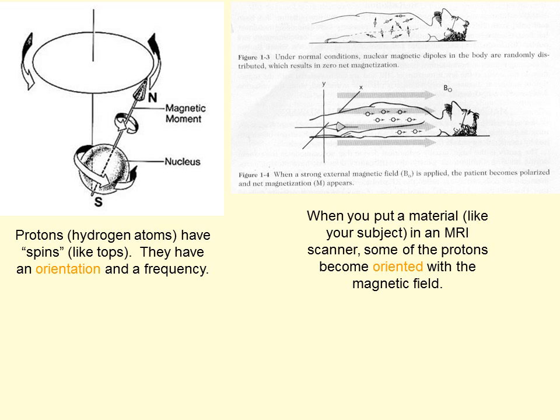Remember that water is H2O, so it's the hydrogen atoms in the water whose protons are influenced by the static magnetic field. And each of these protons can be characterized as having an orientation and a frequency.